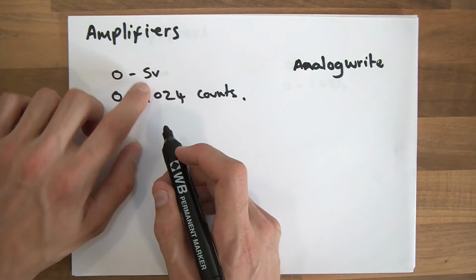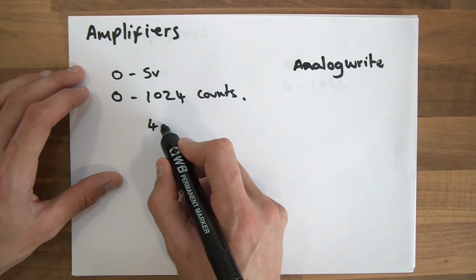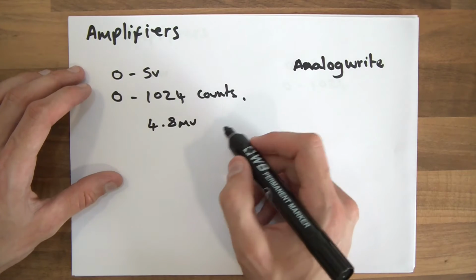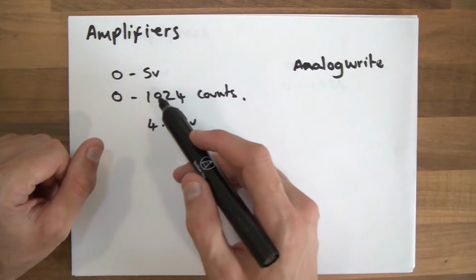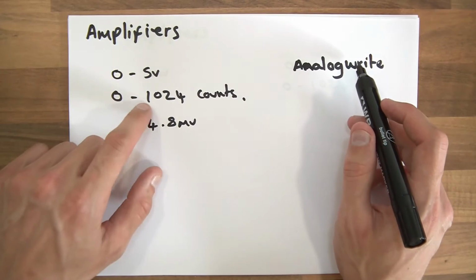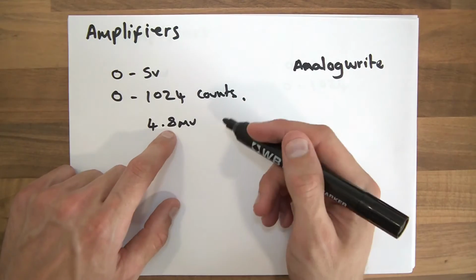But if you take that voltage and divide it by 1024, you'll notice that you get 4.8 millivolts. So sometimes we say 5 millivolts, but it should be 4.8 really. So if we get 5 millivolts into the Arduino, then you'll get 1 count, because 5 millivolts divided by 5 millivolts, or 4.8, is 1.